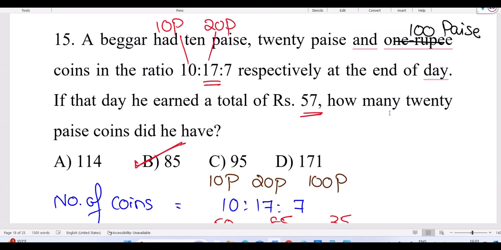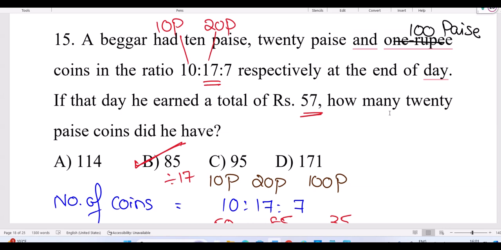The second method is that. I want 20 paise coins, right? 20 paise coins are a multiple of 17. Only one option is divisible by 17. 100 cannot be divided by 17. 95 also we cannot divide by 17. 114 also is not divisible by 17. You just check this one.